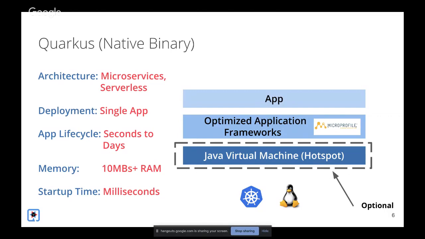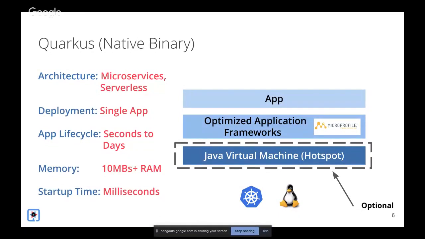Here I can take these applications and these frameworks and build them with the understanding that it's going to be deployed to a Kubernetes Linux container-based environment, and that's those 2 icons that you see under the stack.